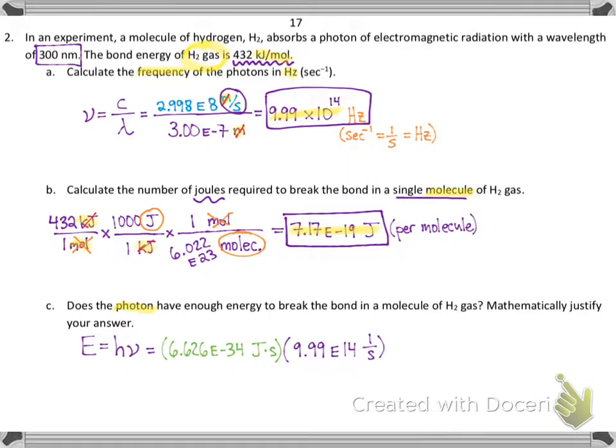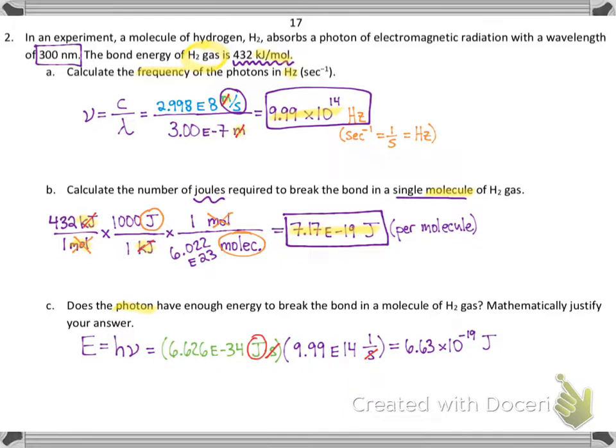Notice that when I plugged in, using my units of course, I replaced the hertz with 1/seconds just to show that, hey look, that second cancels and that second cancels, leaving me in units of joules for my final answer. So 1 photon of the electromagnetic radiation has an energy of 6.63 times 10 to the negative 19th joules. But we haven't answered the question yet.